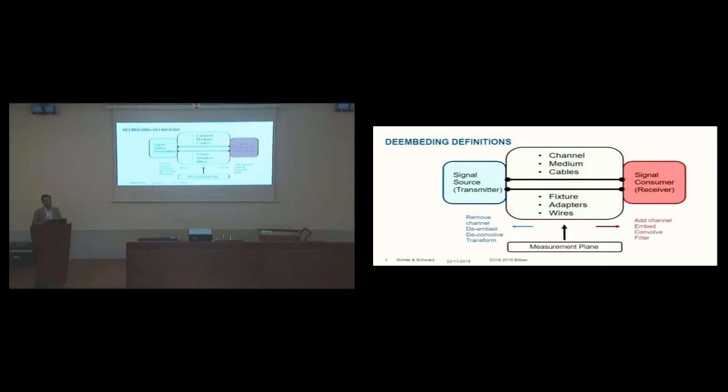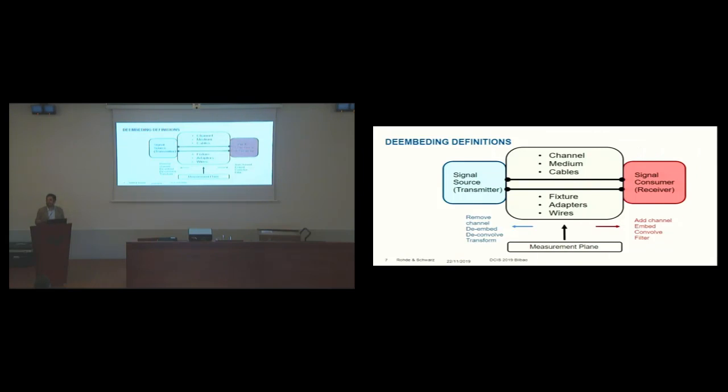If we do not de-embed, what we measure is the signal here at the receiver point. This is the measurement plane. What does de-embedding do? It moves the measurement plane to the transmitter point. When we add a channel, when we add cables, we are embedding, or adding a channel.